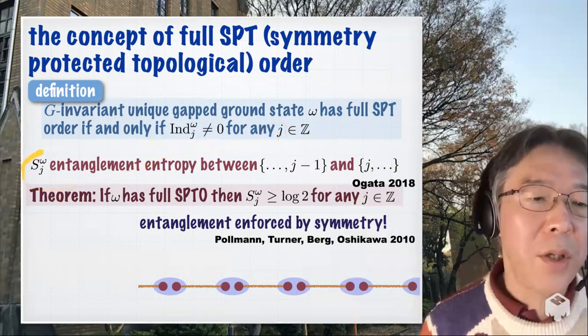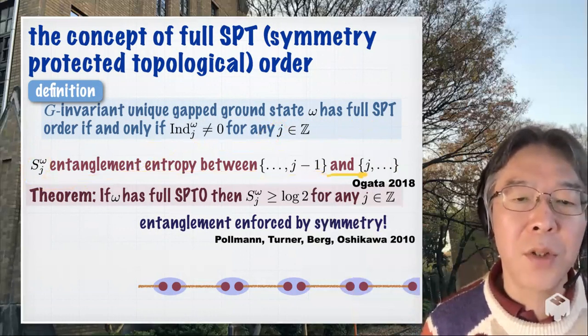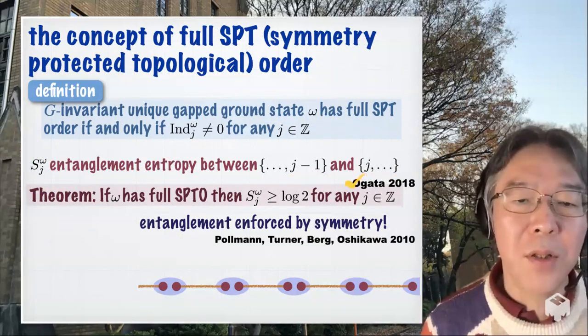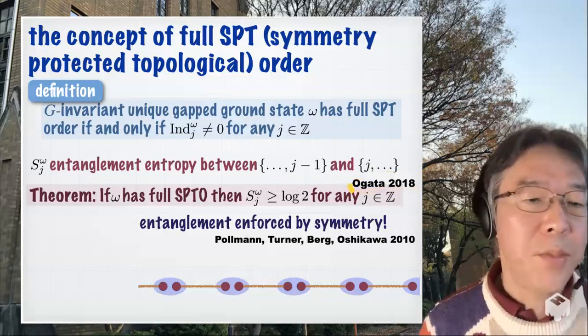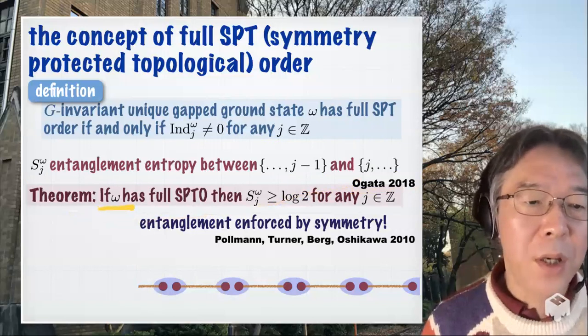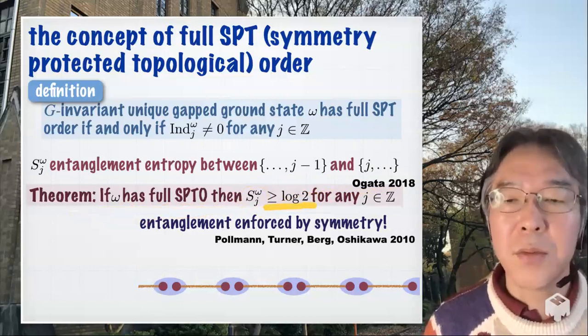Well, let S omega J be the entanglement entropy between this half-infinite chain and this half-infinite chain. Okay. Then by using another essential theorem proved by Yoshiko Ogata in her seminal paper, we know that if omega has full SPT order, then the entanglement entropy at any site is bounded from below by log 2.